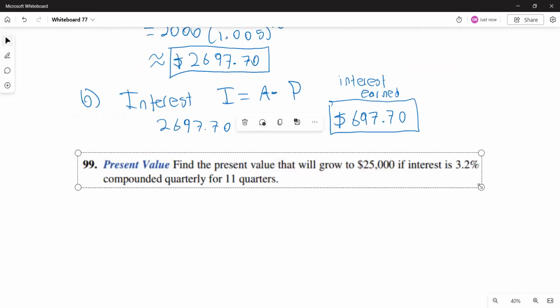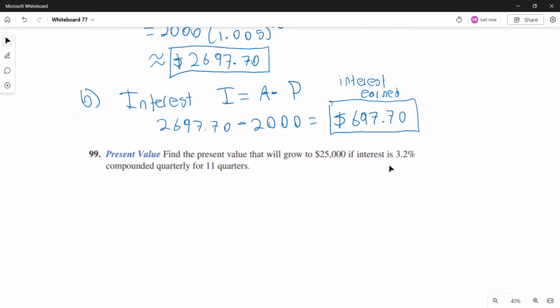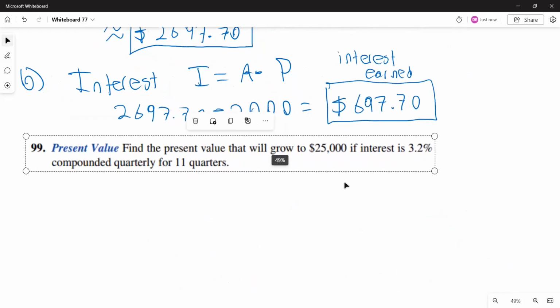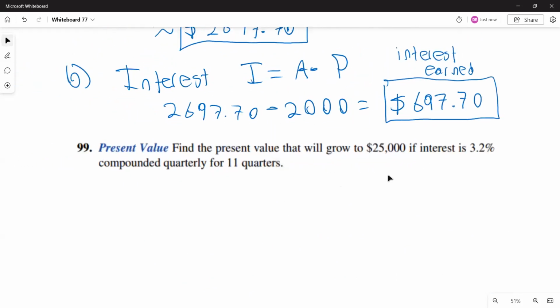Now let's suppose that we know the final amount, how much you want to have in the account, and you want to know how much you should deposit to reach that amount. So find the present value, or how much must be deposited that will grow to 25,000 if interest is 3.2%, compounded quarterly for 11 quarters.